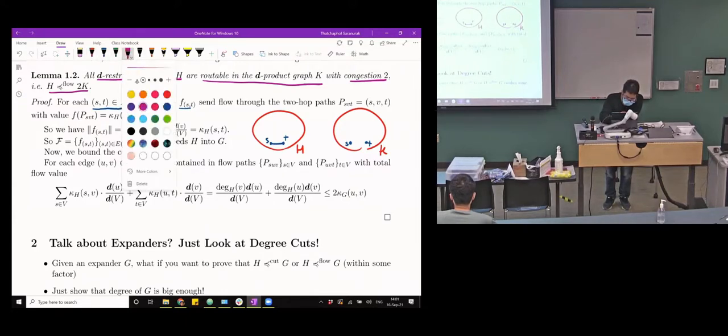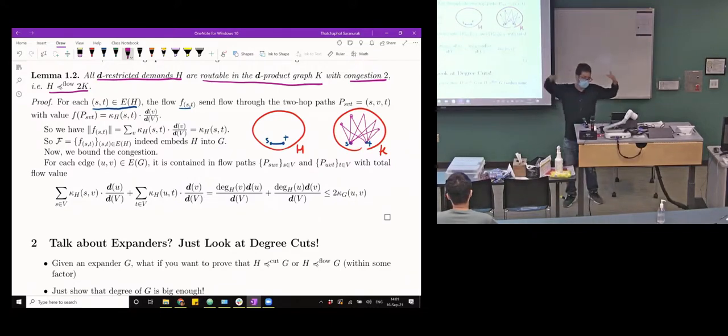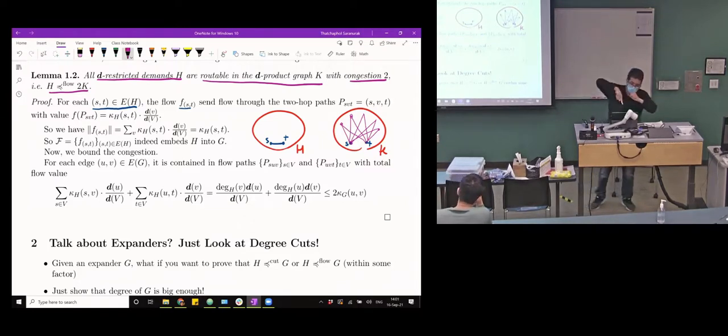I'm going to send it from S to V and then to T, and do this for every V. I exploit the fact that K has a complete connection between any nodes. So I try to distribute this flow to everyone and then go to T.